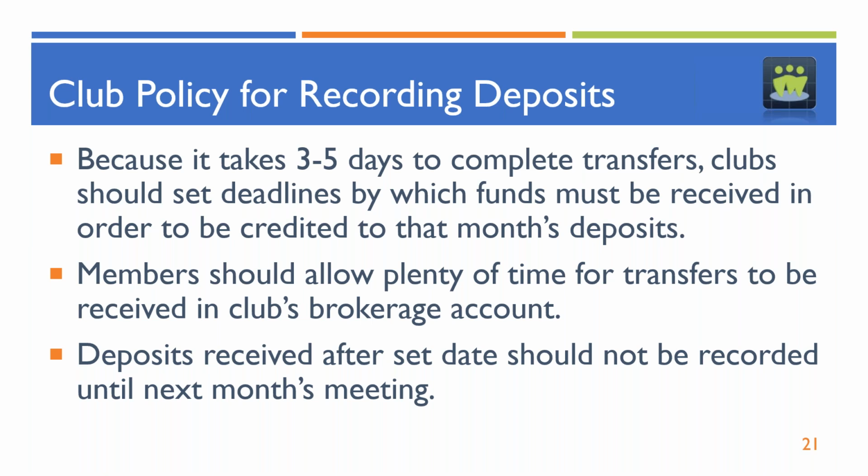That's not really that different from the time that it would take a check to clear a bank in many cases at the maximum. But in order to keep the treasurer sane, I think clubs should set deadlines by which the funds must be received in order for them to be credited to that month's deposits.